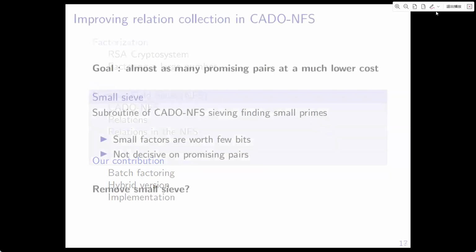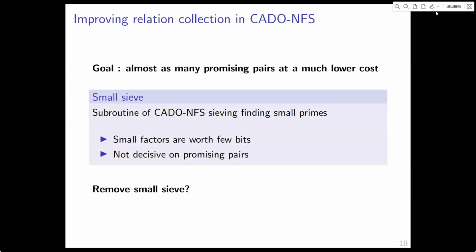Now, let me talk about our contribution. To improve the relation collection in NFS, we try to get as many promising pairs as we can at a much lower cost. And for that, we picked the small sieve. It's a subroutine of the sieving, which only finds small primes.